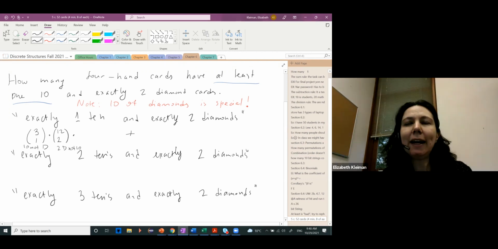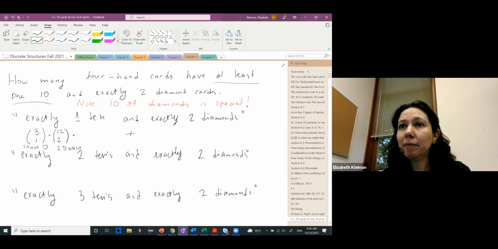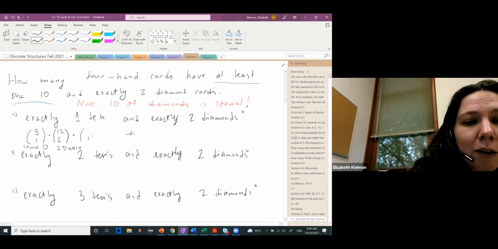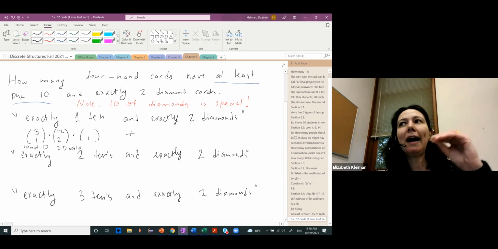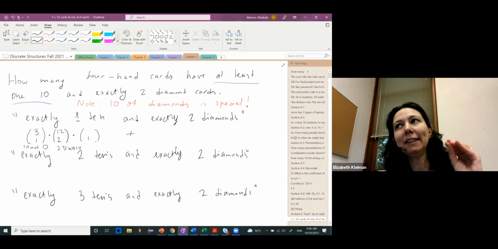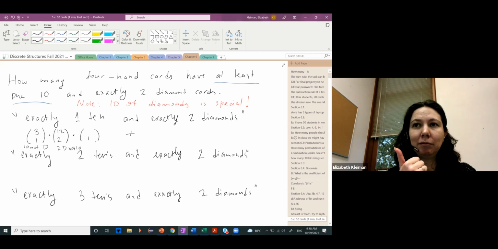And then finally, how many more cards do I need? 1. And how many cards do I have to pick from? So now this is where we need to count how many we still have left, how many we still can use. So let's think. Can I pick a diamond for this last card? No. Can I pick a 10?